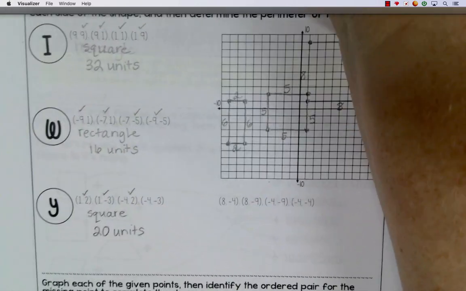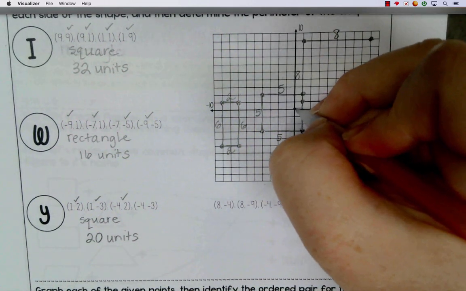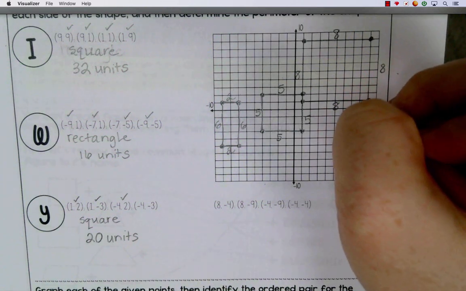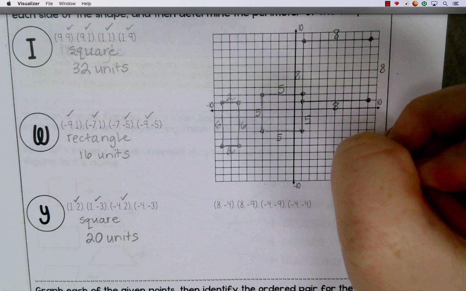One more. I have positive 8 starting from my origin. 1, 2, 3, 4, 5, 6, 7, 8. Negative 1, 2, 3, 4.